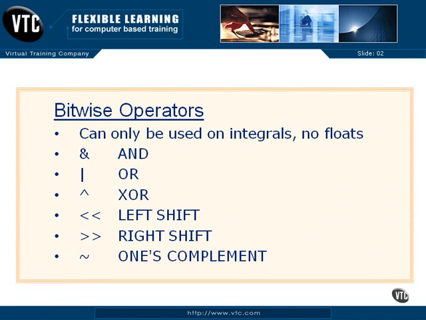They're not considered bitwise when they're in the variable, so no floats. Integrals only, or integers, characters, ints, shorts, longs, no floats or doubles from this point out. We have AND, OR, XOR, left shift, right shift, and one's complement.